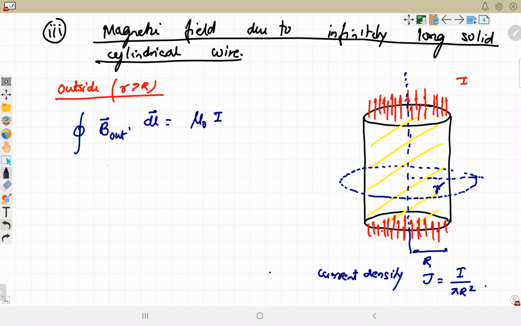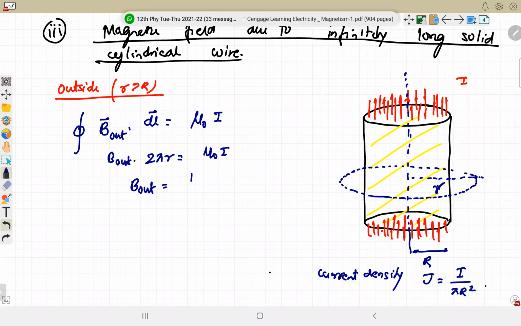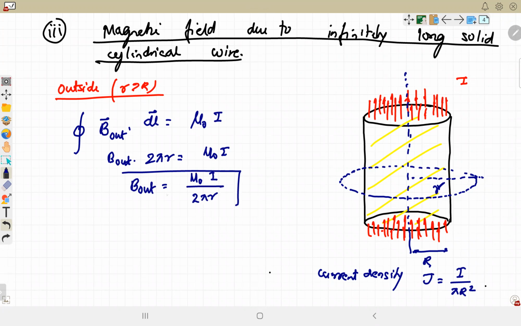Integrating, we get B out into 2 pi r equals mu naught I. So as long as we are outside the cylinder, the magnetic field formula will be similar to that of a wire kept at the axis.